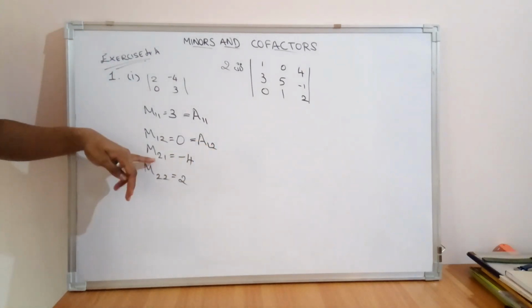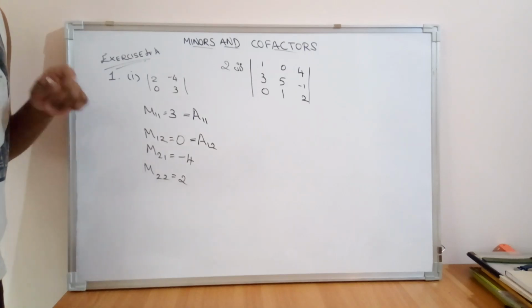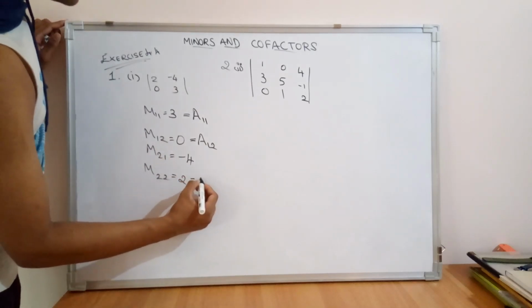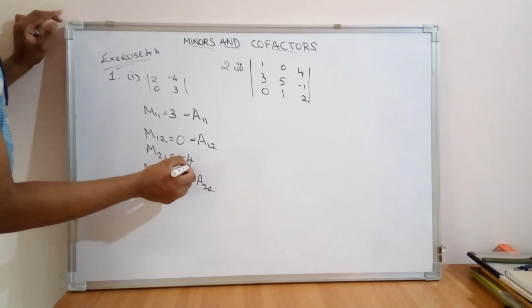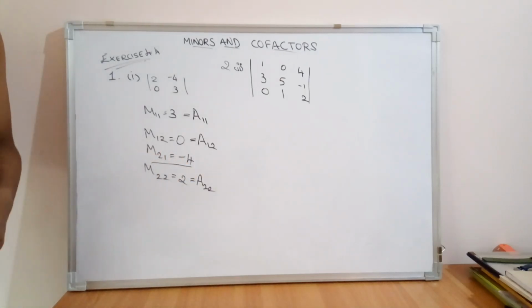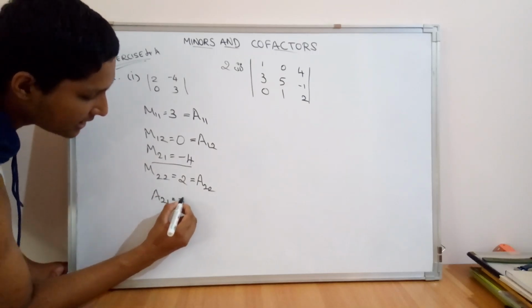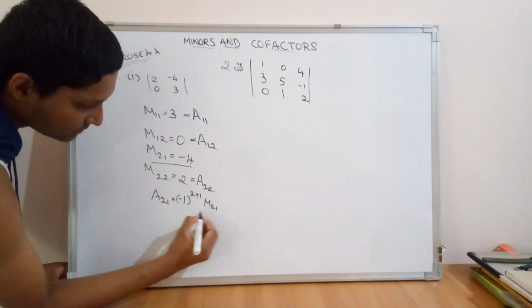Okay, next you have M22. 2 plus 2 is 4, minus 1 whole raised to 4 is 1, therefore the minor is going to be equal to its cofactor, therefore it is equal to A22. The only special case arises here is M21. So what is A21? A21 is minus 1 whole raised to 2 plus 1 into M21.